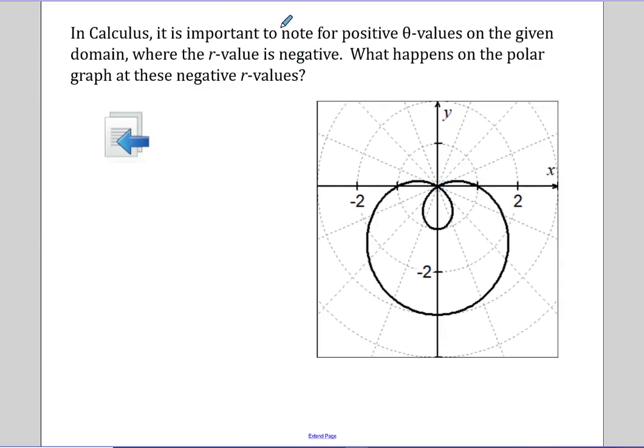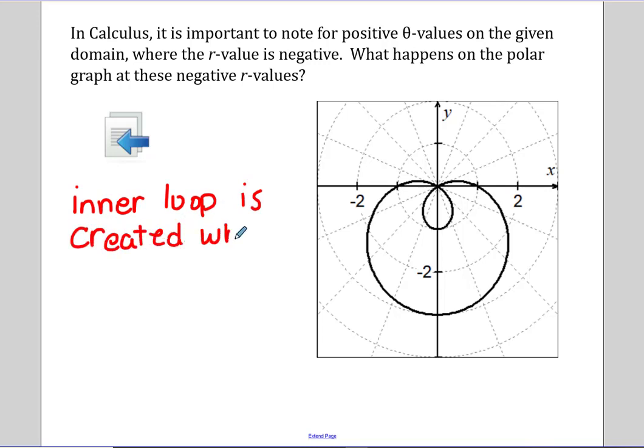And in calculus, it's important to note where the positive x values on the given domain are and where the r values are negative. So the inner loop was created, let's make a note of this. The inner loop, if you look back at our table, is created where the values go from pi over 6 to 5 pi over 6.